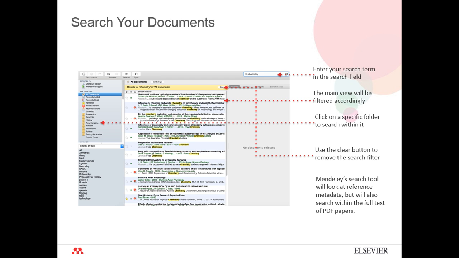Even if that phrase is not in the title of your publication, if the word appears in the published paper in the PDF, and you have the PDF attached to your publication, it will search within the full text of the PDF paper, and that search will give you the results that you needed.